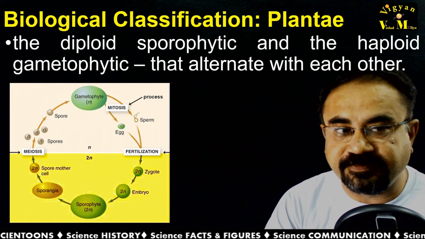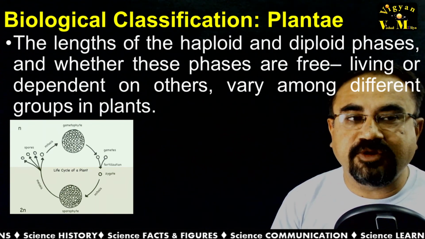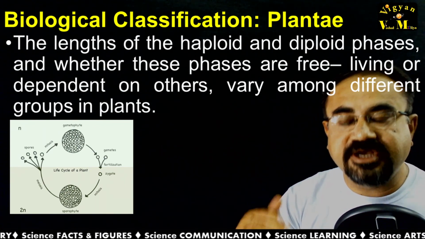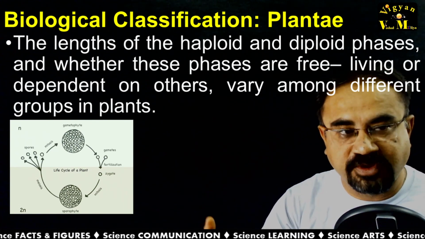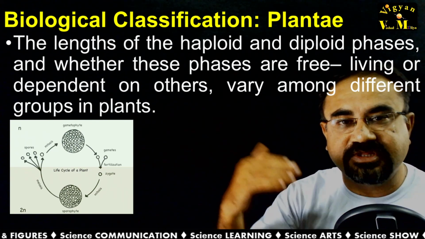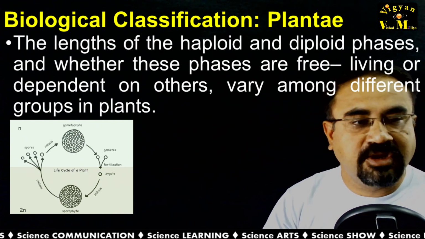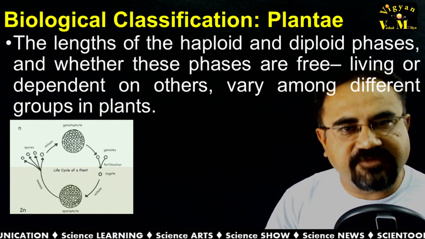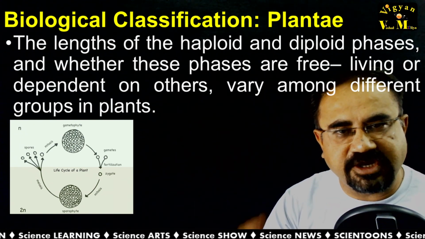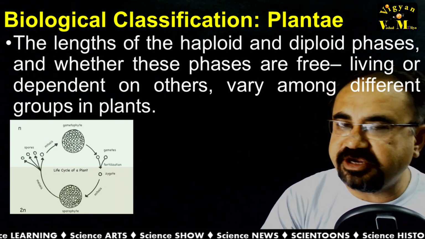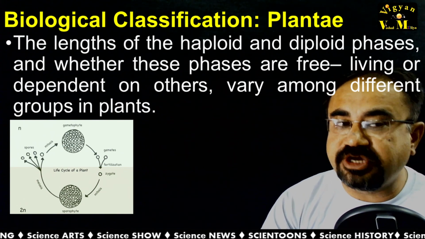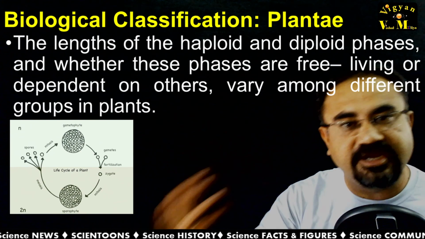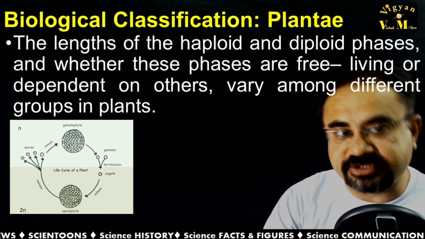so we can say it is alternation of generation. The length of the haploid phase or the length of the diploid phase is dependent on the plant group, whether they are free living, whether they are dependent on each other. It varies from group to group. Algae have one condition, bryophytes have a different condition, pteridophytes have a different condition, and we are going to study it in much detail in the next chapter and in the NEET level videos.